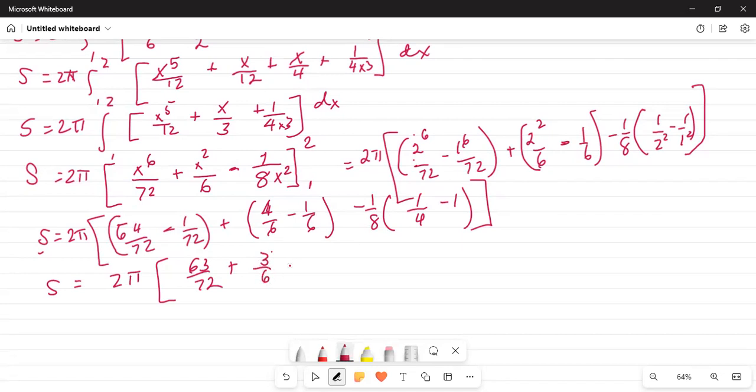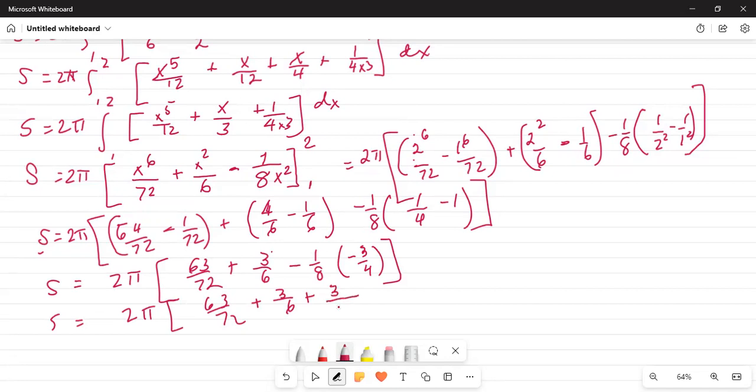And then you have minus 1/8 times minus 3/4, which can be simplified to S is equal to 2 pi, 63 over 72 plus 3 over 6 minus, and two minuses make it positive, 3 over 8 times 4 is 32.